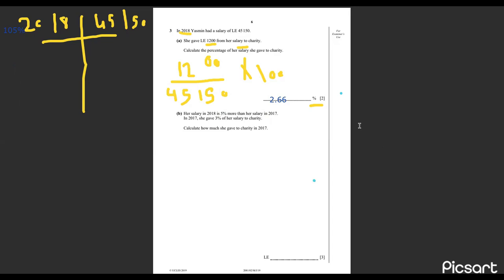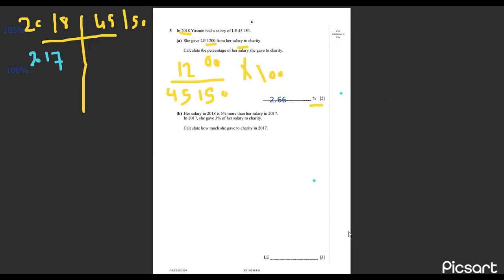And her salary in 2017 was 100%, because it said more than her salary in 2017. She gives 3% of her salary to charities.